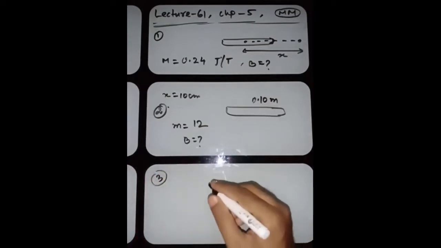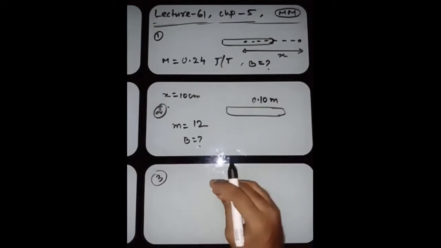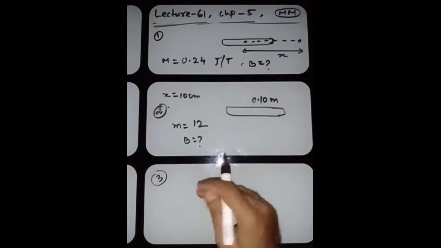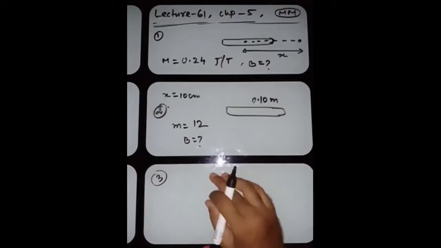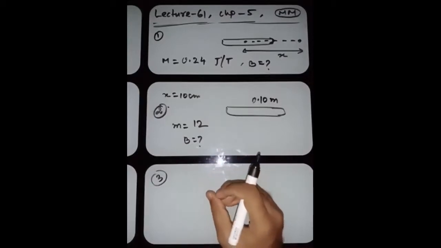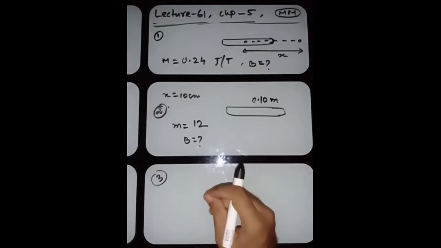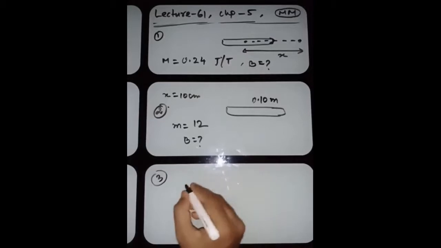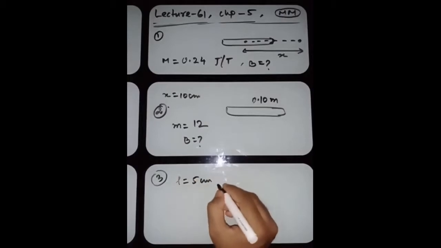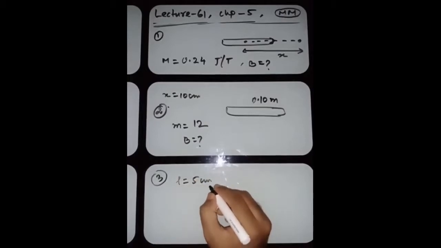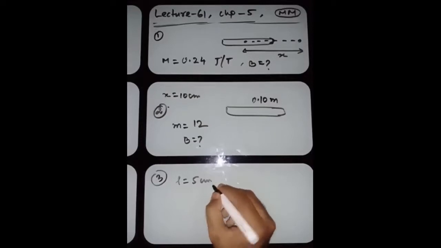All right, the third question, my dear students. What is the magnitude of the equatorial and axial field due to a bar magnet of length 5 centimeter, at a distance of 50 centimeter from its midpoint?